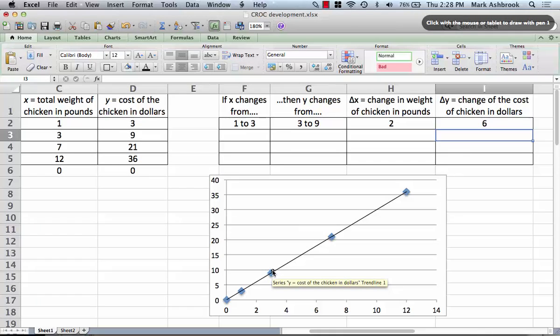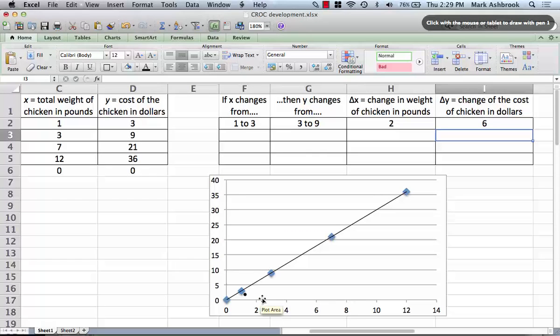But I only want to show x changing from 1 to 3. So it's like the bar that I showed you previously, right? So we can draw a bar like this, 1 to 3, and that will show the change from 1 to 3.